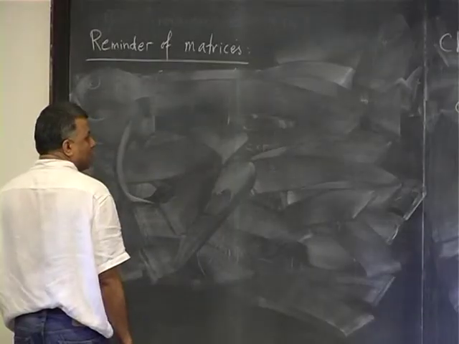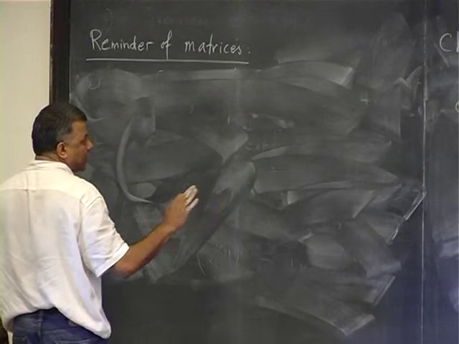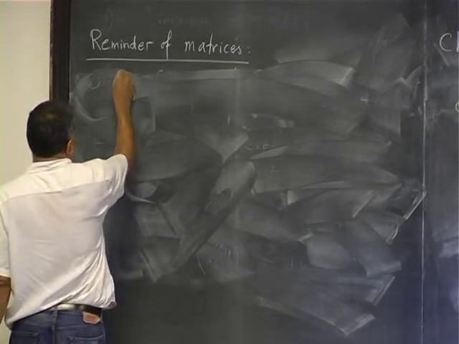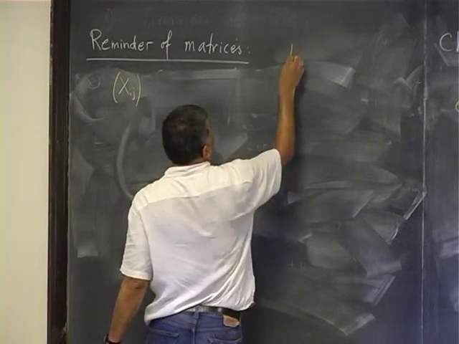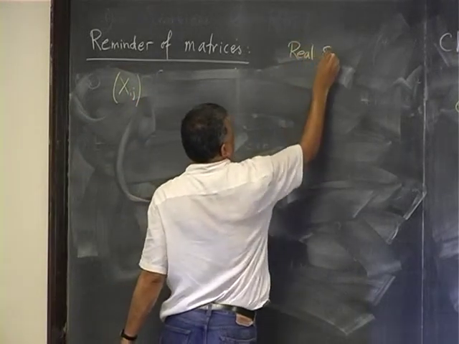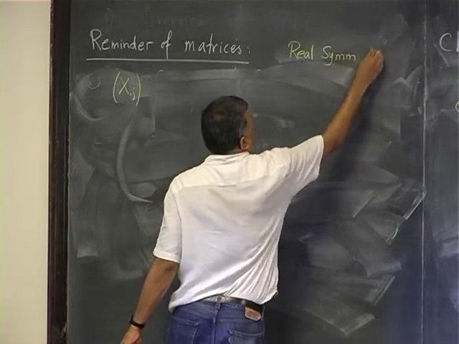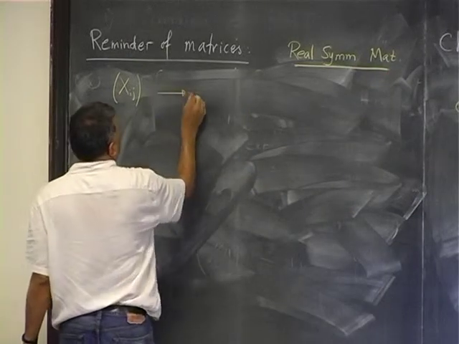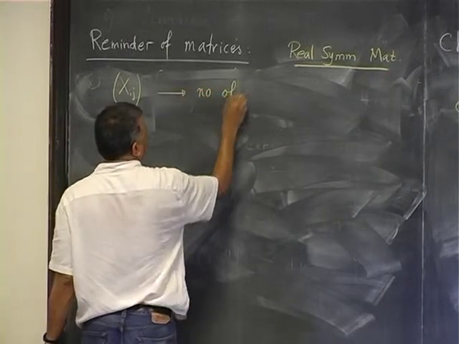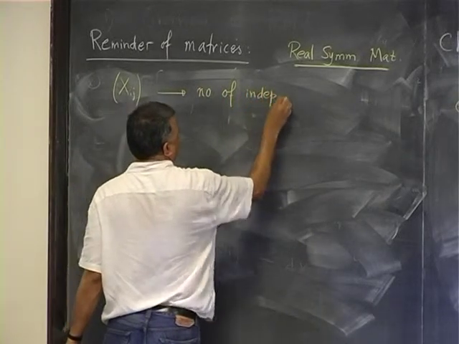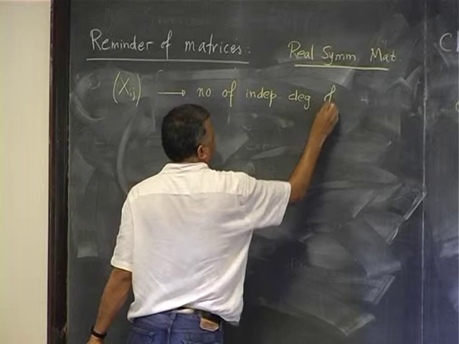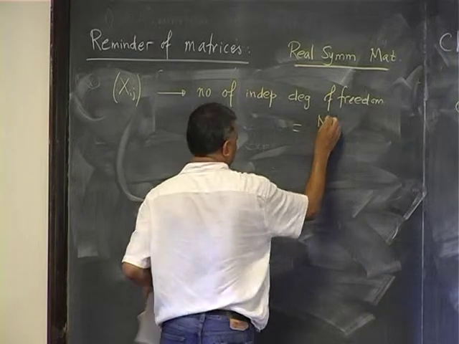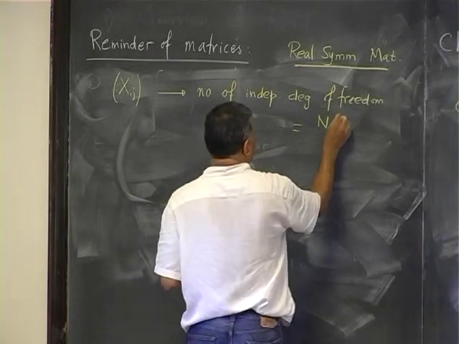Yeah. So the general idea is that obviously you want to first diagonalize this matrix. So we have seen that this matrix Xij, for a real symmetric matrix, so let's think of the real symmetric first, we have seen that the number of independent degrees of freedom is n into n minus 1 over 2, right?